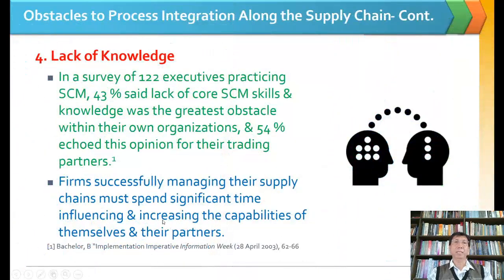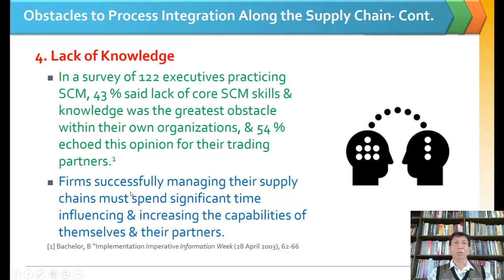And the fourth is lack of knowledge. In one survey of 122 executives practicing SCM, 43% said the lack of core SCM skills and knowledge was the greatest obstacle within their own organization, and 45% echoed this opinion for their trading partners.